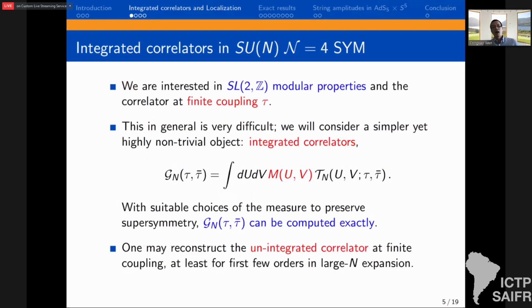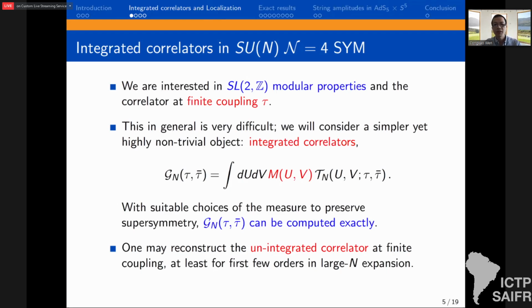All right. As my title suggests, we are really interested in the SL(2,Z) modular invariance of this correlator, since SL(2,Z) symmetry relates the correlation function at weak and strong coupling. So we want to compute this correlator at finite coupling. Well, computing a non-trivial 4-point correlation function at finite coupling in general is very difficult. So instead, we will consider a similar but yet highly non-trivial object we call the integrated correlator.